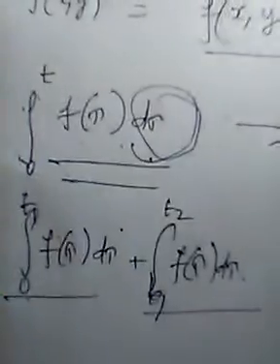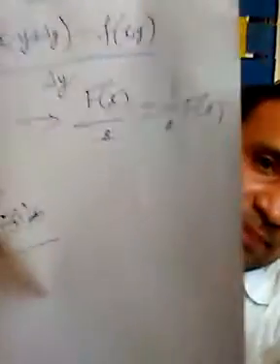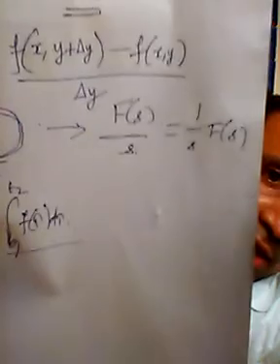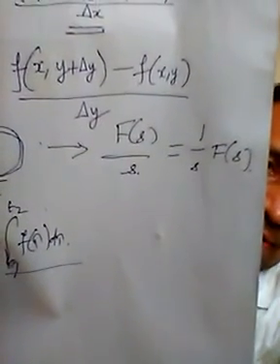So in this case, we can remember the example of the rectangular boxes made from a square. One is taken from 0 to y1, another is taken from y1 to y max. Similarly, this particular integral is split over time, that is the x-axis, in this manner. If I want to put the Laplace transform for this particular function, then it comes to a simple 1 by s f of s. The Laplace transform of this particular function is f of s by s, that is equal to 1 by s f of s.